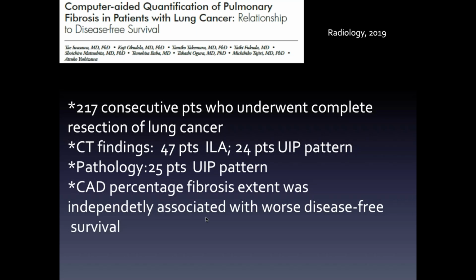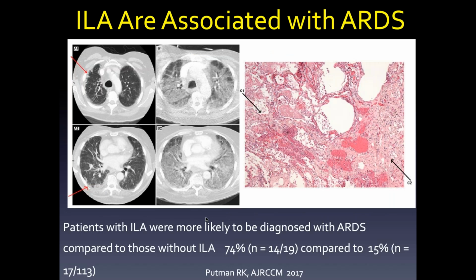And also, we have another interesting observation. Subjects with ILA were more likely to be diagnosed with ARDS compared to patients without ILA. It means that these subjects are more prone to develop acute lung injury compared to patients without ILA.